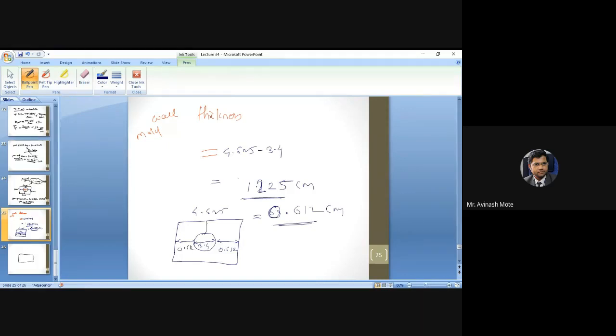Obviously this side will also be 0.612, and this one too. This will be the wall thickness.